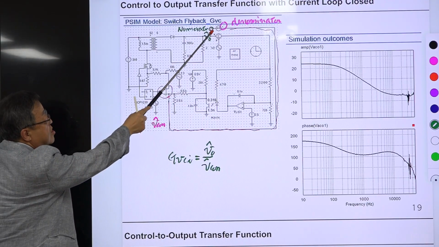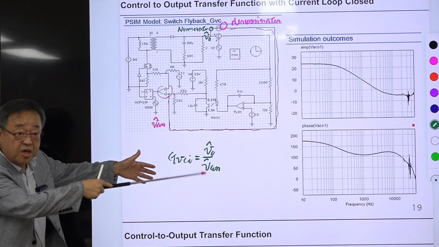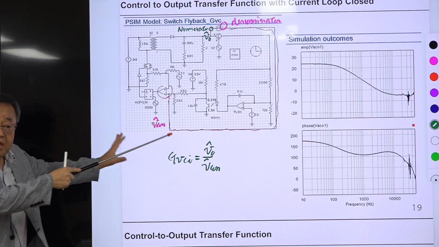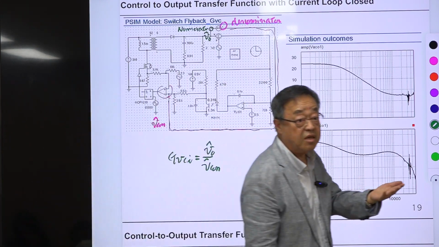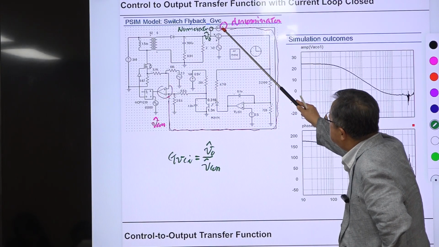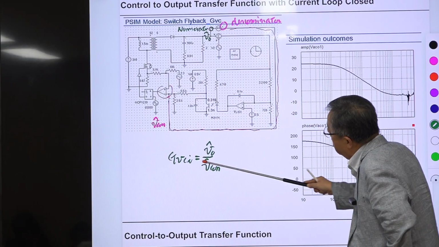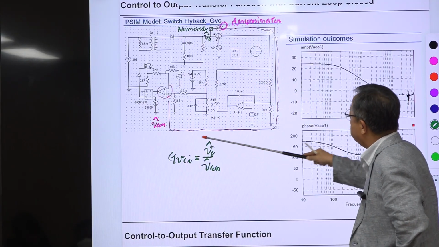If you reverse these things, you are measuring something else, probably the inverse of this or something. Sometimes it generates an error message, something is shorted. Make sure the dotted terminal goes to the denominator, and the other part appears as the numerator.